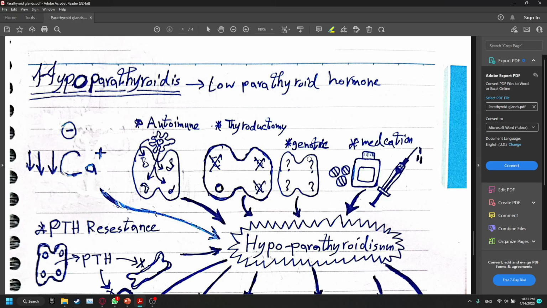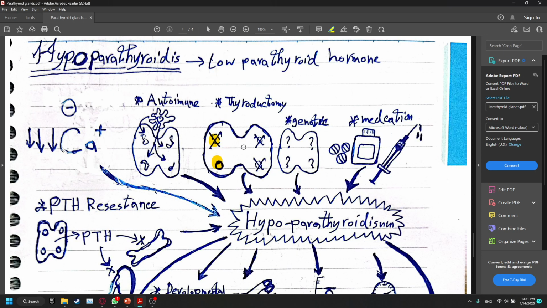It could be genetic, maybe the fetus just didn't develop any parathyroid glands. Could be because of medications, maybe a medication acts like an inhibitor for the glands here that reduces parathyroid hormone.